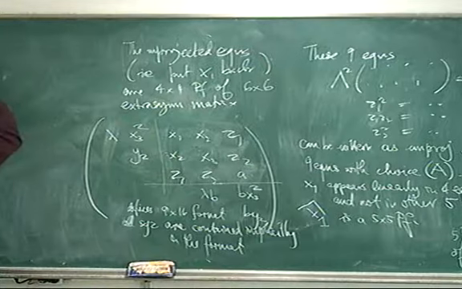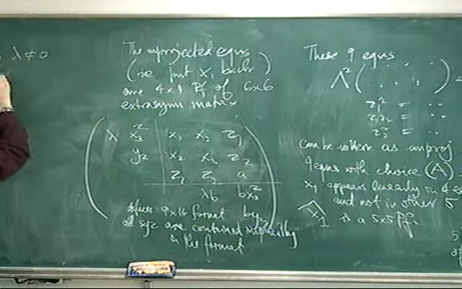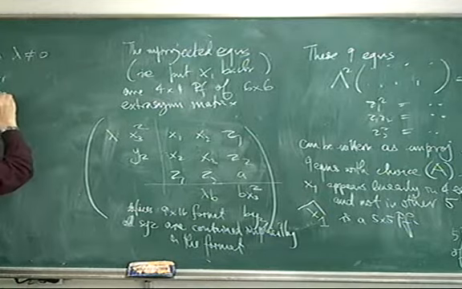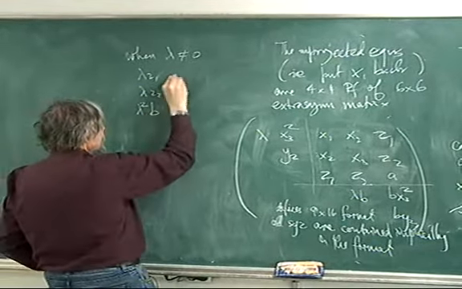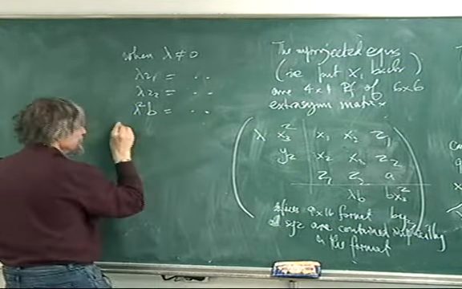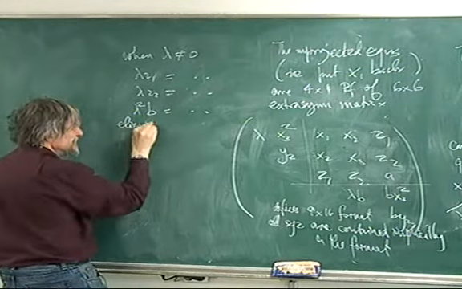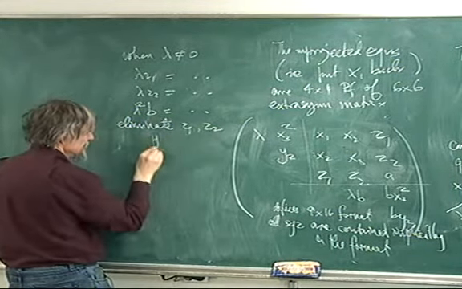So when lambda is not equal to 0, lambda z1, lambda z2, lambda squared times b eliminate z1, z2, and y.